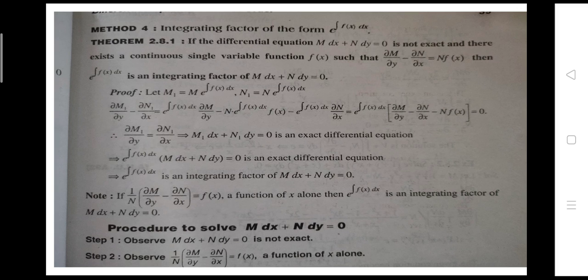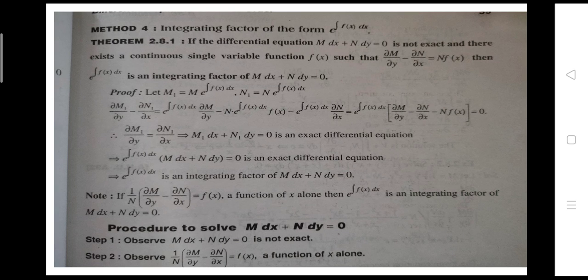Let M1 be equal to capital M into e power integral f of x dx, and let N1 be equal to N into e power integral f of x dx. Now we need to find the derivative of M1 with respect to y and the derivative of N1 with respect to x. That is, dou M1 by dou y minus dou N1 by dou x, and that is equal to N into f of x.